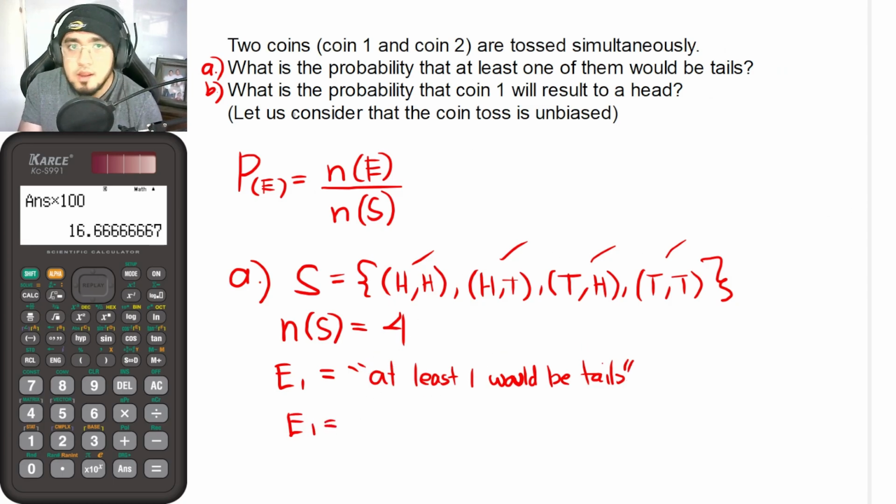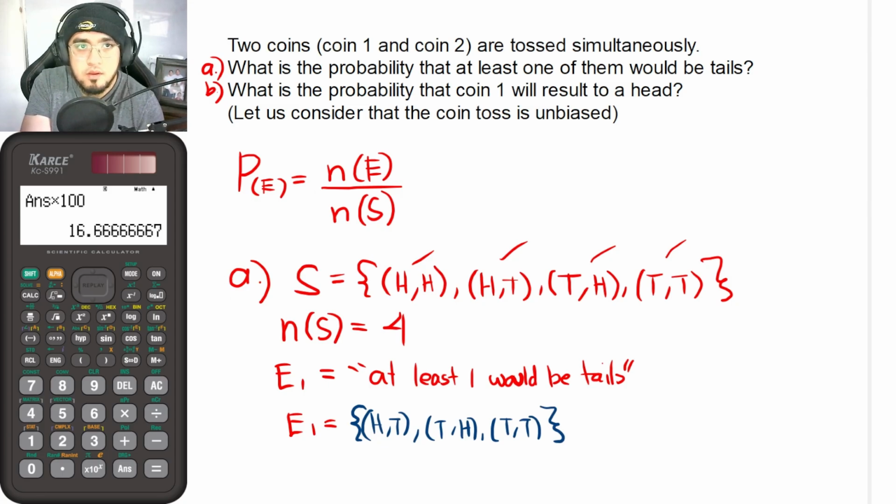So this is at least 1 tail, at least 1 tail, and 2 tails still falls under that category. So meaning, guys, this is now equal to HT. This is possibility number 1, possibility number 2, and then possibility number 3. Okay, so from that, the total number of events in event number 1 is now equal to 3.